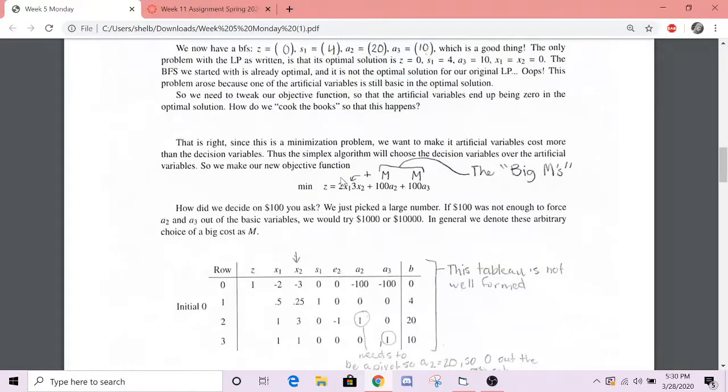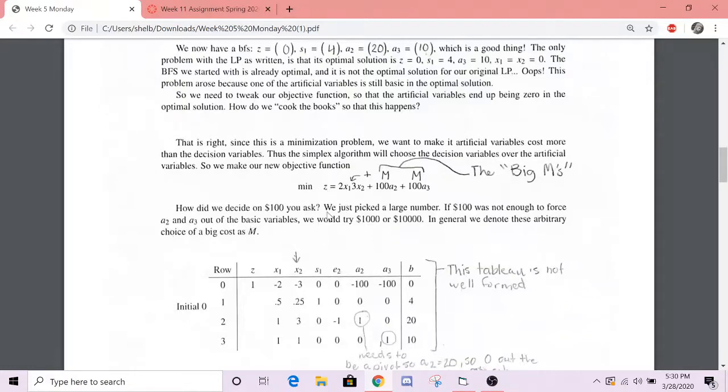So we make our new objective function: Z is equal to 2x1 plus 3x2 plus 100a2 plus 100a3. And where we get the name, the big M equation, it comes from putting in 100, or a large number, where those artificial variables are, which is what is said in the next part of the document.